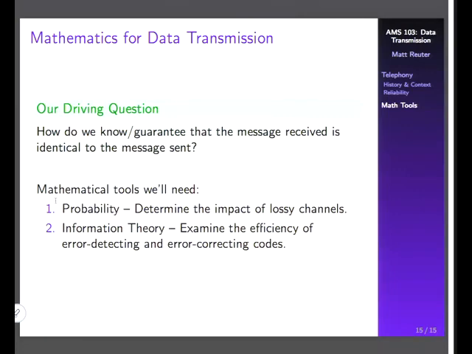And then we need a little bit of what's called information theory, more next Wednesday, to examine the efficiency of these error detecting and error correcting codes, to find the right one for the particular channel at hand, once we've identified how many errors to expect. Any questions on that?